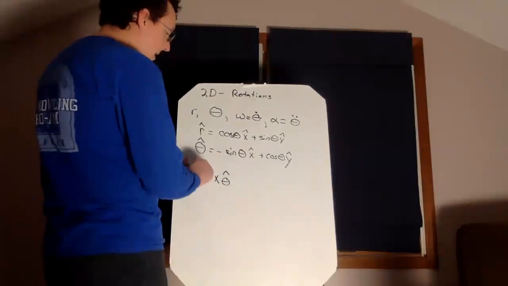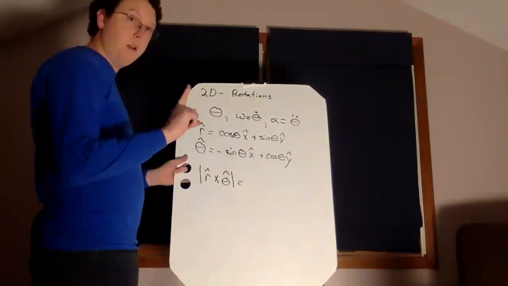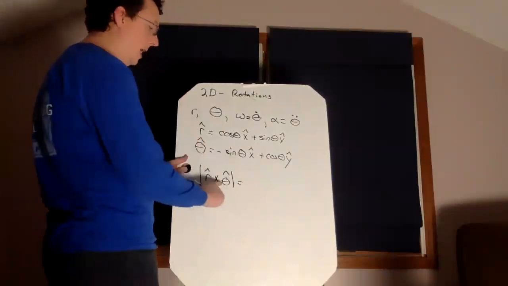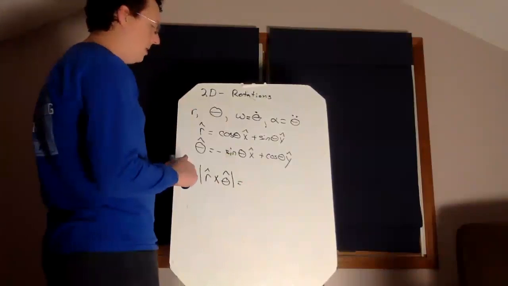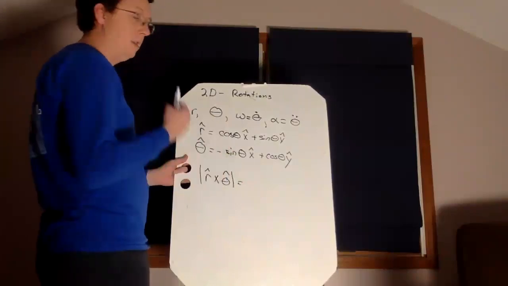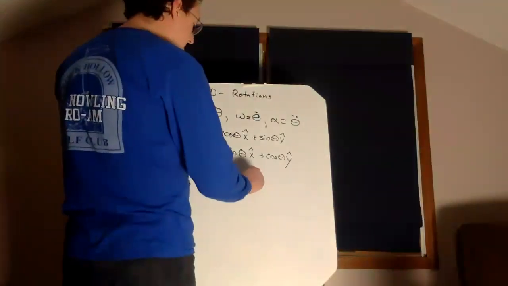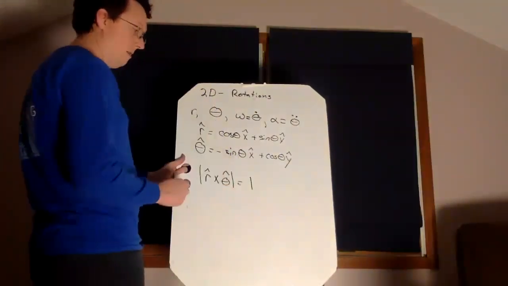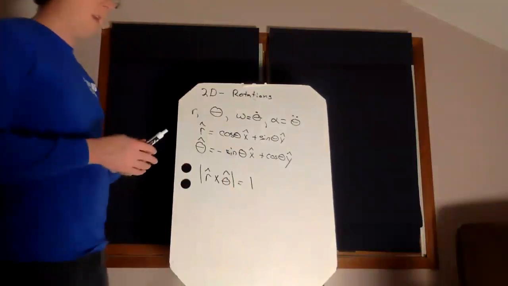So the magnitude of the cross product is going to be the magnitude of r hat, 1, because it's a unit vector, times the magnitude of theta hat, 1, because it's a unit vector, times the sine of the angle between them. But the angle between them is 90 degrees, so it's 1. So the magnitude of this thing has to be 1, and it has to point according to the right-hand rule.